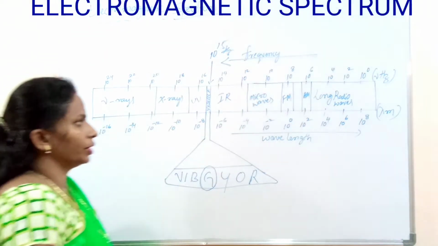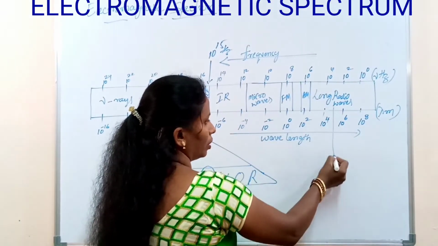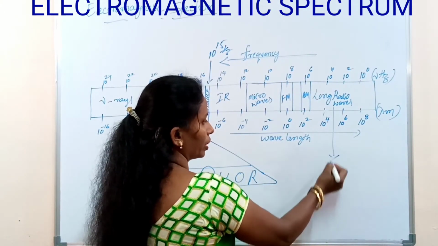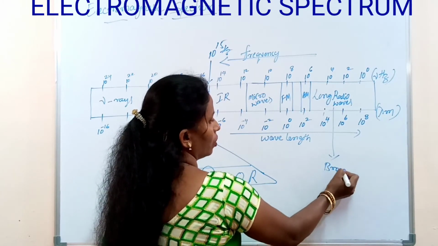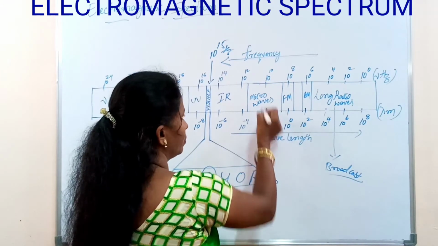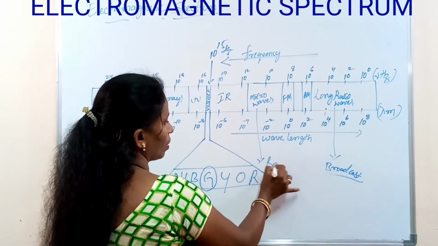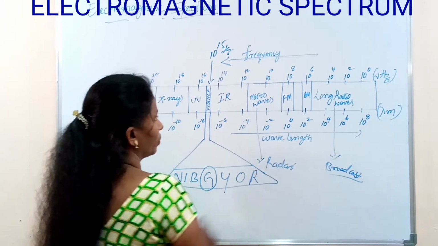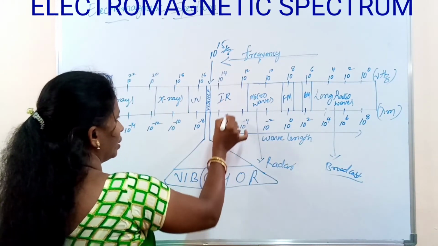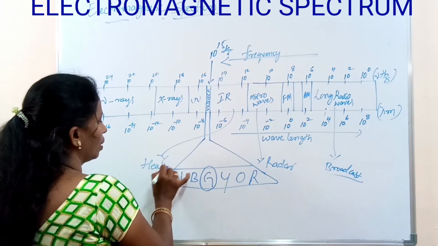These radio waves we use in broadcasting. Microwaves we use in radars. IR we use for heating purposes.